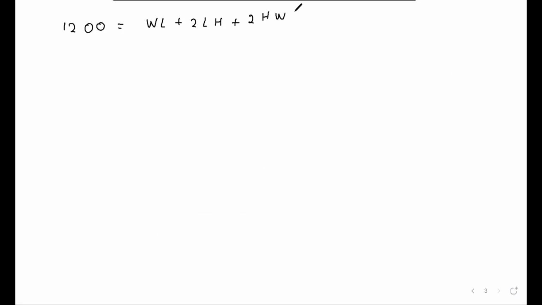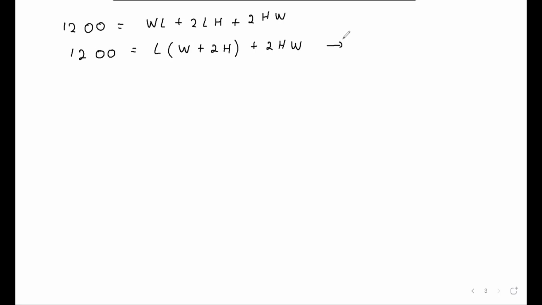All right, and we solve here for L. We're going to factor L from this side, and it's going to be L times W plus 2H, plus 2HW, equal to 1200.